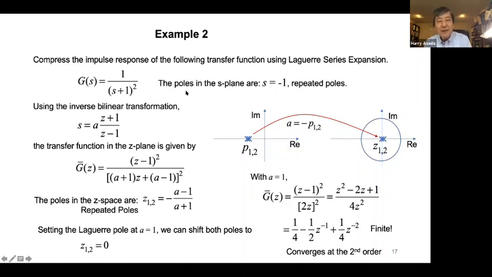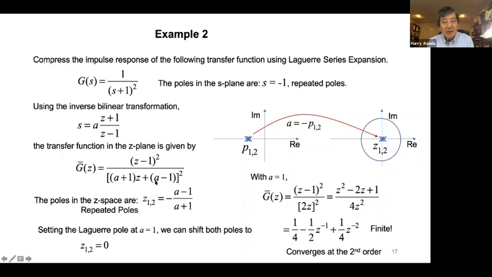We have poles at S equals minus 1 in the S domain, a repeated pole. First, we apply the inverse bilinear transform, rewriting G(S) by replacing S with this expression. In the Z domain, the poles, which make this infinite, are computed as Z1,2, and we have two repeated poles.